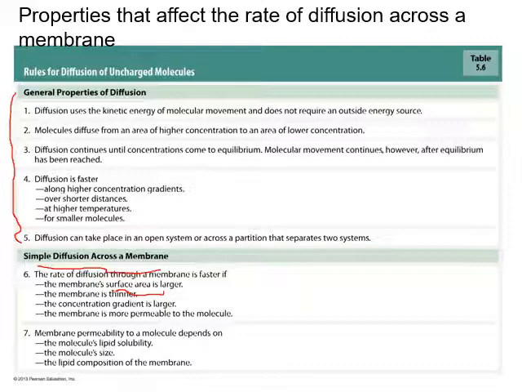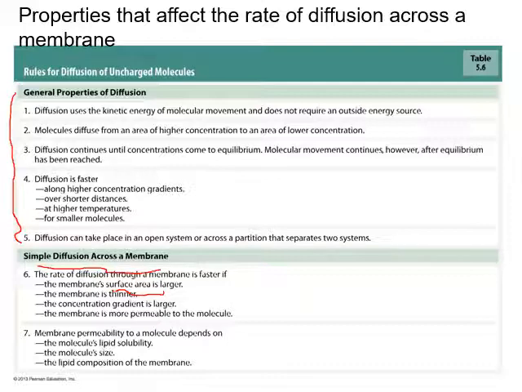Besides being larger, if we have a large surface area and a thin surface, we're also able to move stuff in faster. And then if the concentration gradient is larger, again, if you have tons of stuff, so you will see our cells, we have lots of sodium outside the cell and very little sodium inside the cell. And so the diffusion across there will take place much, much faster.